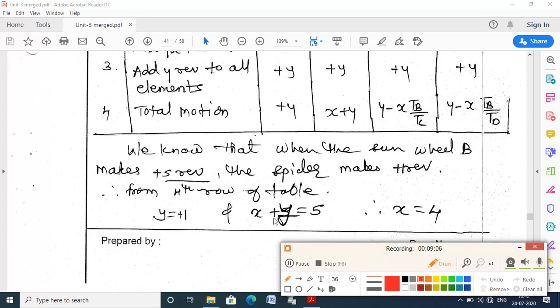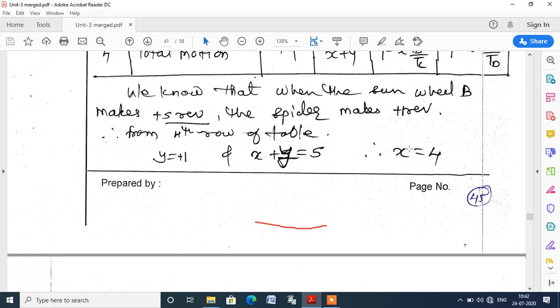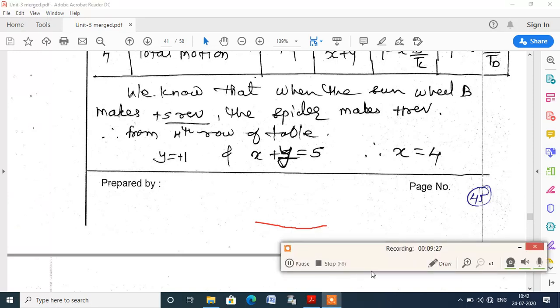Here x plus y is equal to 5. Now y equal to 1 and x plus y equal to 5, so we will get x equal to 4. Correct?